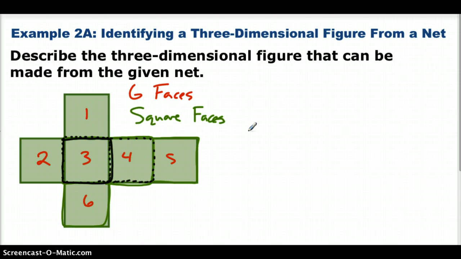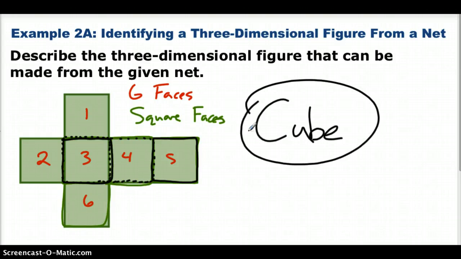Sides 1, 2, 4, and 6 would fold up and become vertical. This would be the top, opposite of the other base, as 5 would be. So this is just going to be a cube. This example has 6 faces, all square faces, and it folds up into a cube.